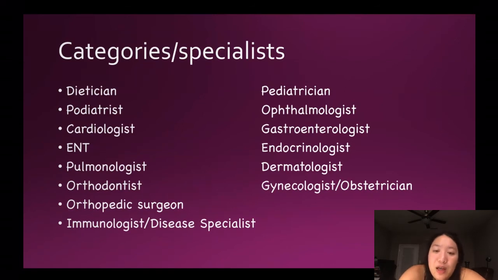There's also the endocrinologist, who deals with the endocrinology of your body, like your lymph nodes, chemical responses, hormones and such. There's also the dermatologist, which is of course the skin doctor, the gynecologist, and the obstetrician. The obstetrician is for the female reproductive system.